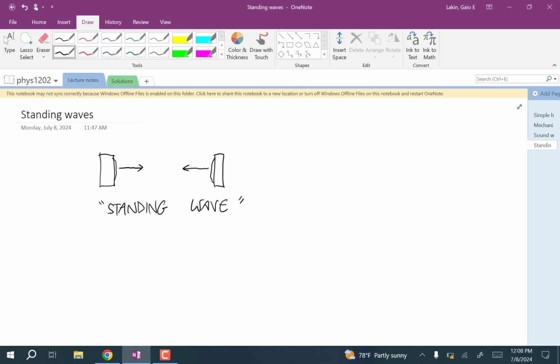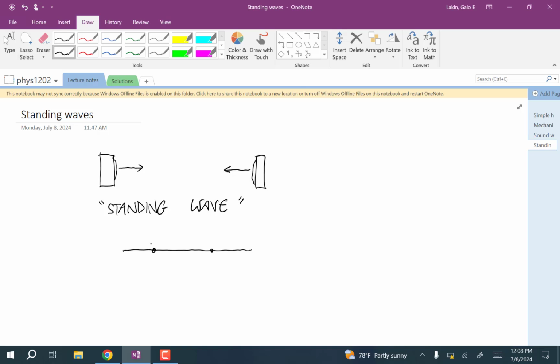And the interesting feature of standing waves is, so let's say that in the space between these two, let me move it to try to make it clear that that's what we're doing here. And let me move this one over a little bit. Okay, so we are looking at the space between these two waves.